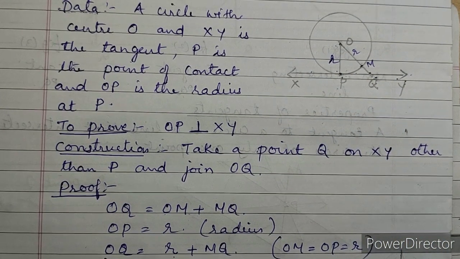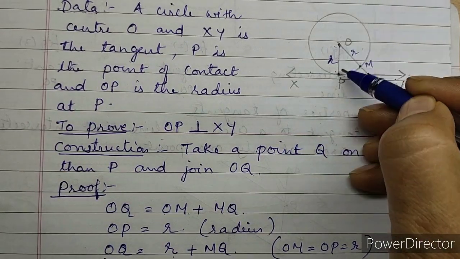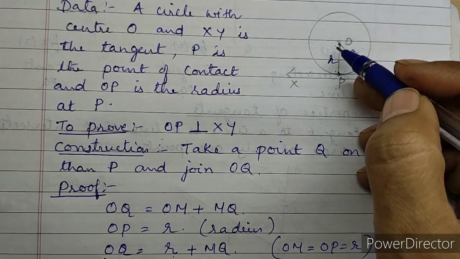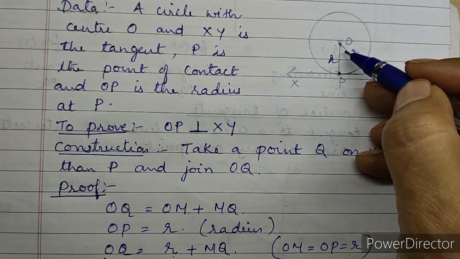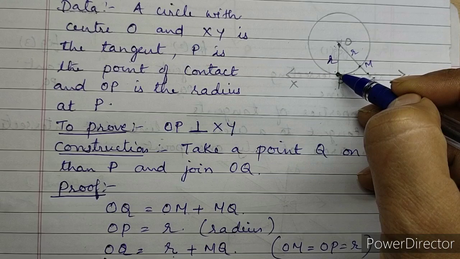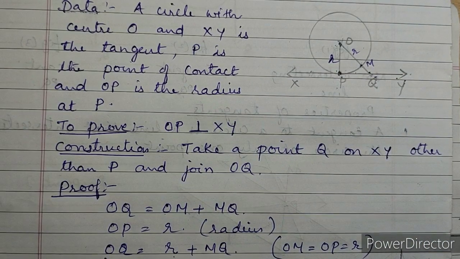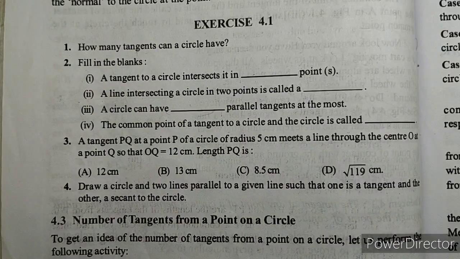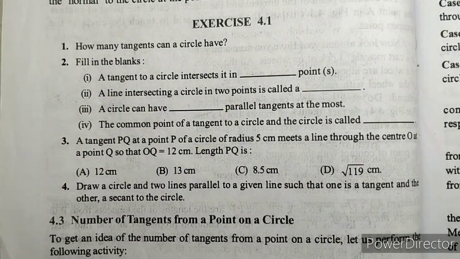So this is also very important. And one more thing is that this OP, the line containing the radius through the point of contact, is called as normal also. So OP you can call it as normal. So just understand that, nothing important in that. Now exercise 4.1.